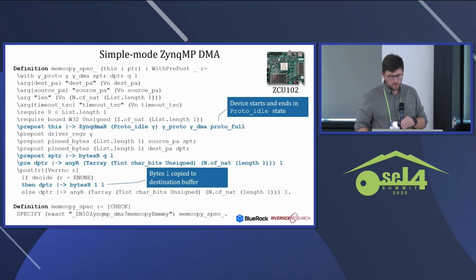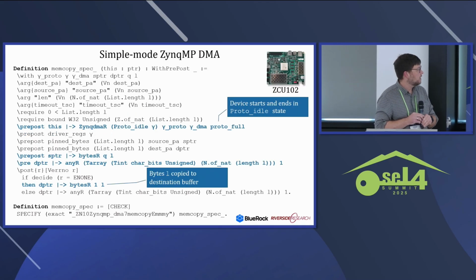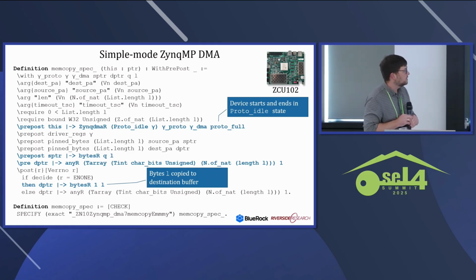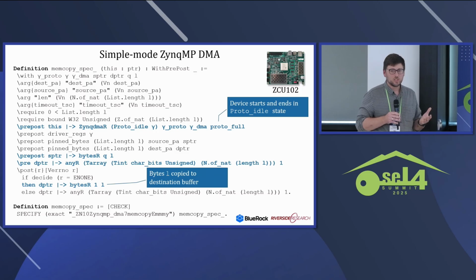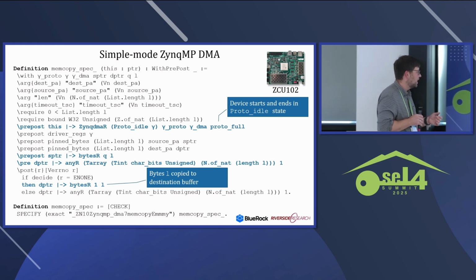So we verified a ZynqMP DMA driver as well, and this is a simple mode DMA driver, so it doesn't use, as I said before, scatter gather buffers. You can think of a DMA device essentially as allowing you to perform memory copies, and this is essentially what this spec says.